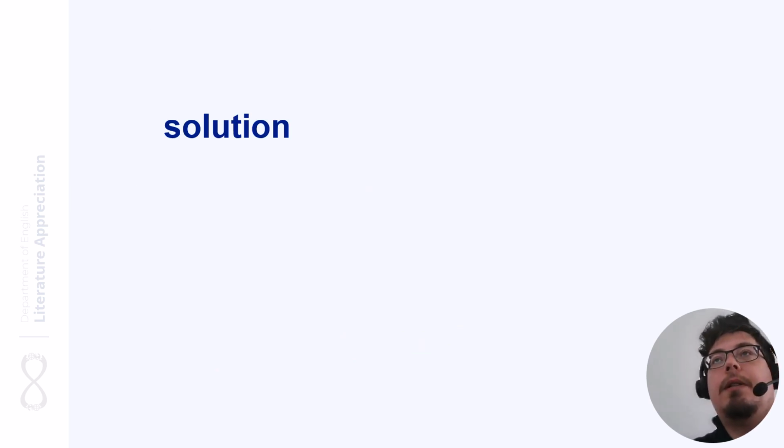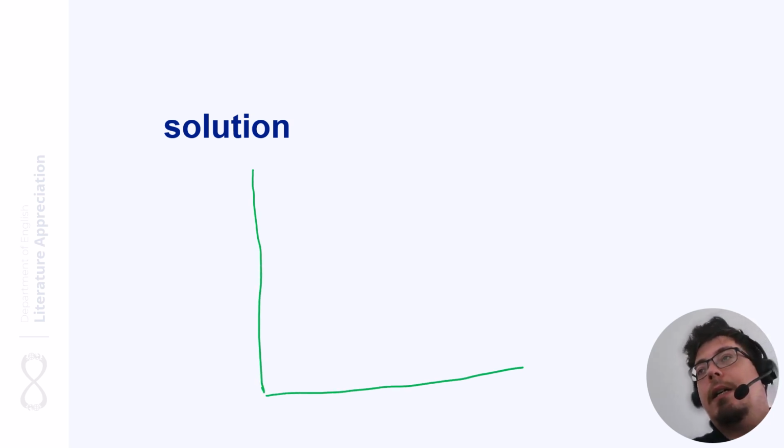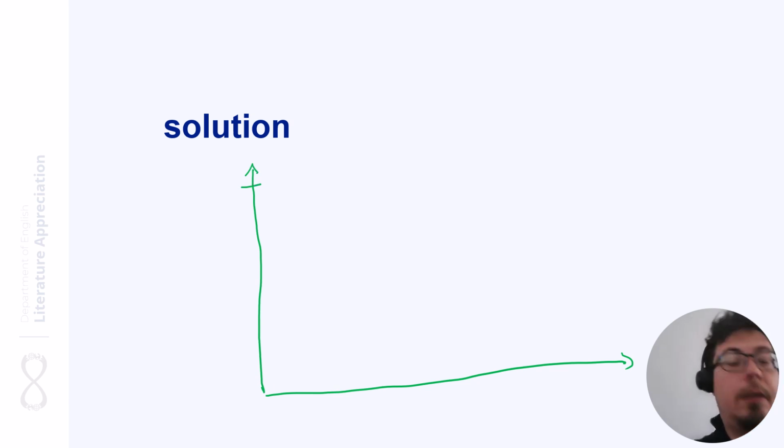We have a graph, and it will be a weird graph because it's in kilometers. Suppose here we've got 10 kilometers.